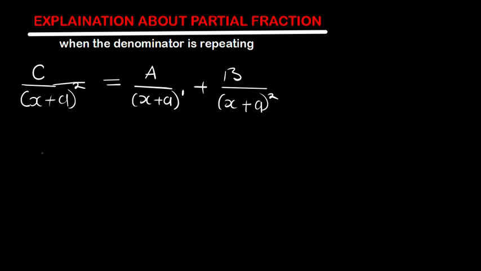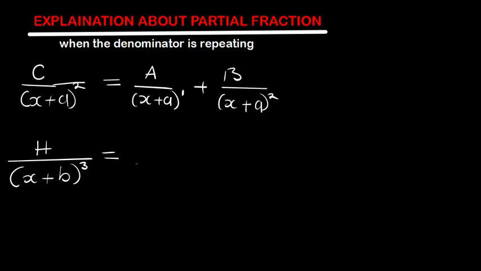Then how about if you have a function like this? This is x plus b, then to the power 3. In this situation, if you look at the denominator, it's repeating 3 times.